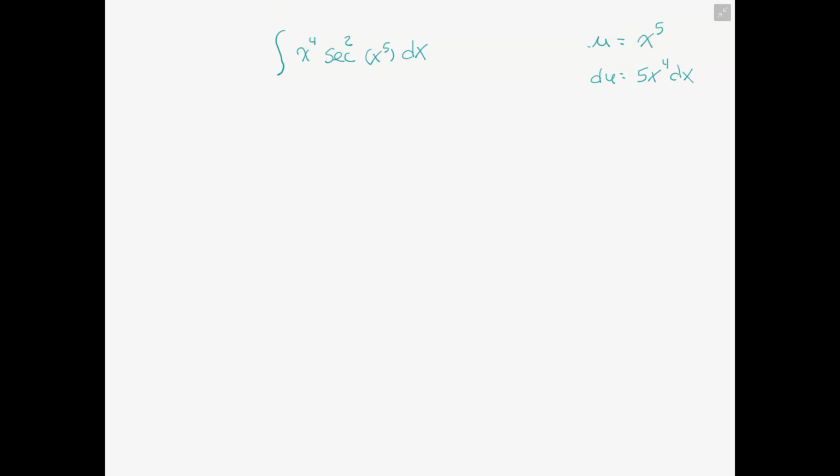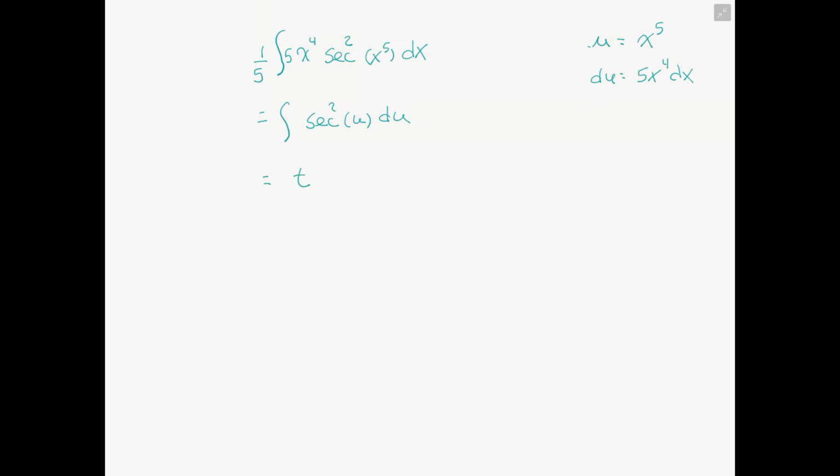And again, we use a U-substitution. U equals x to the 5, and du equals 5x to the fourth dx. Well, we have x to the fourth. What we don't have is 5. So we add a 5 and take a 1/5 out here.